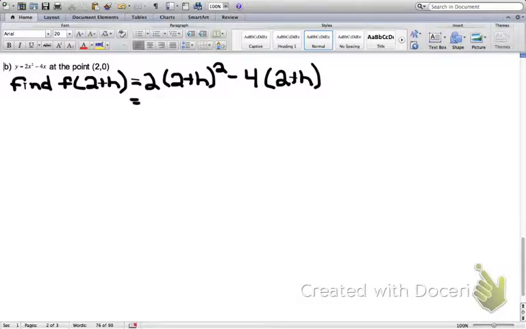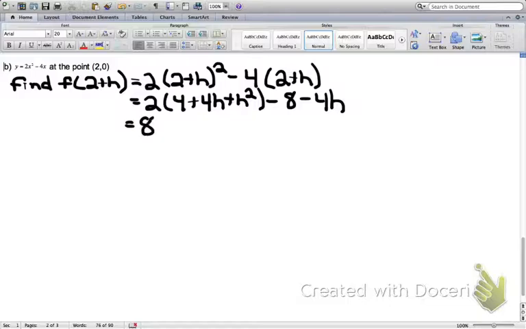We can expand this, so we have 2 times 4 plus 4h plus h squared minus 8 minus 4h. We can expand that even further to 8 plus 8h plus 2h squared minus 8 minus 4h.